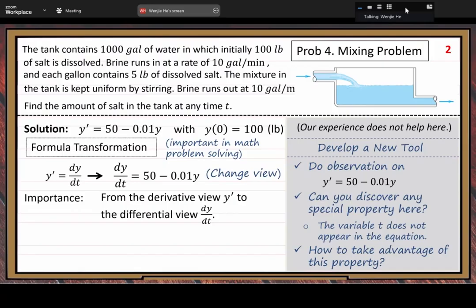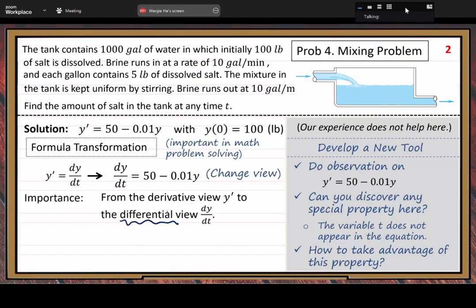Although the whole ratio is also a derivative, dy and dt are differentials, so here we use the differential concept, which is also important in calculus.